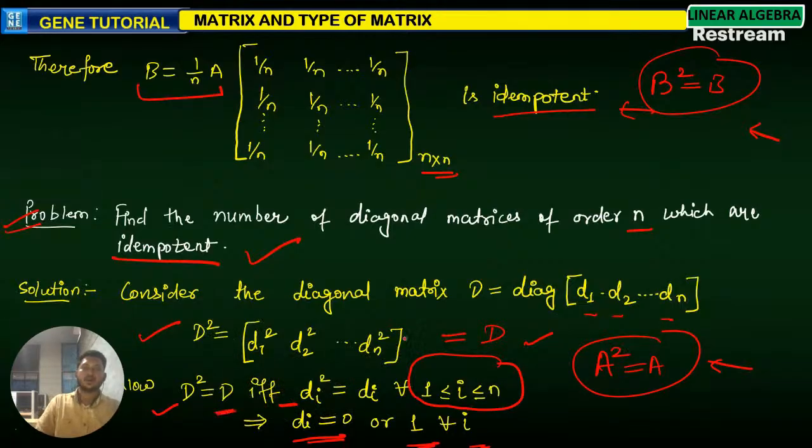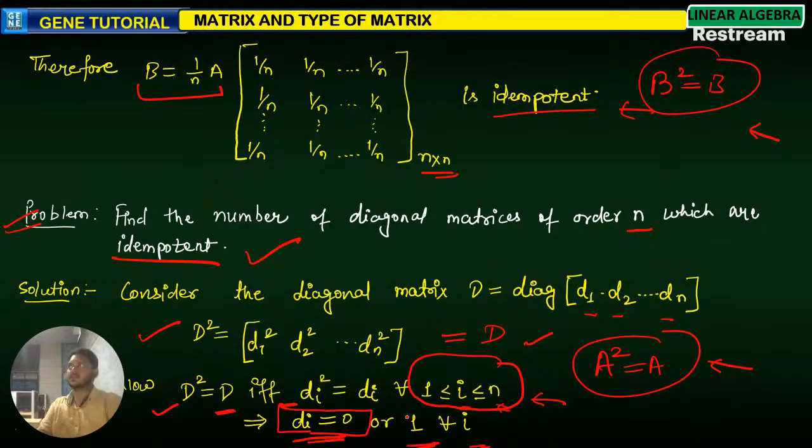When we square a diagonal matrix and it comes out as itself, then we say this matrix is an idempotent matrix, and the entries are di, for 1 less than or equal to i less than or equal to n. So d_i equals 0 or 1.